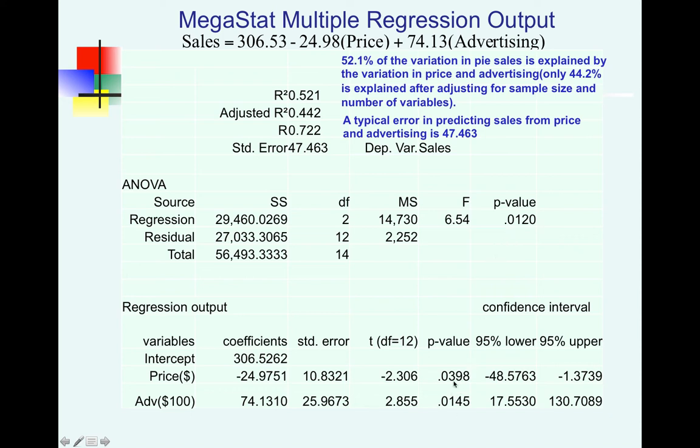This one says, in particular, is this one 0? And you see that both of these are less than 0.05, so at least at the 95% confidence level or 5% significance level, both price and advertising are significant predictors of pie sales.